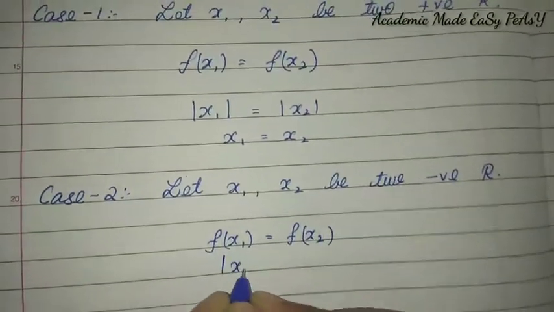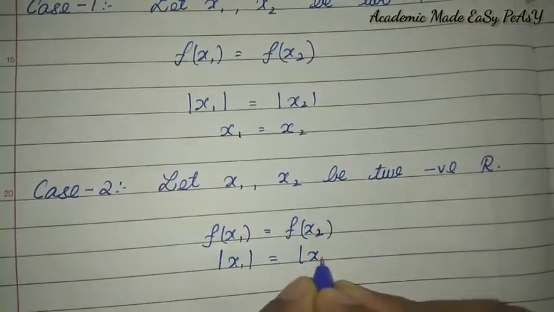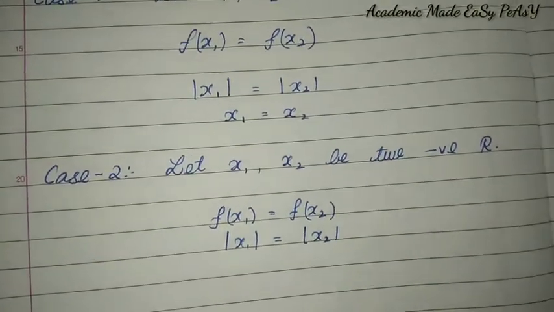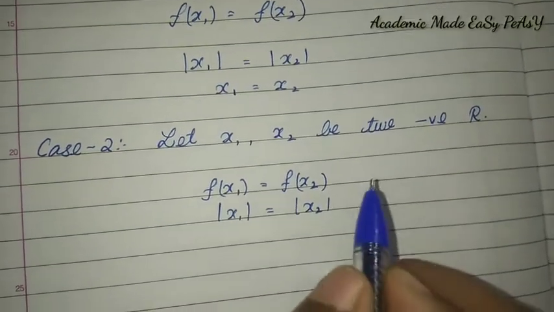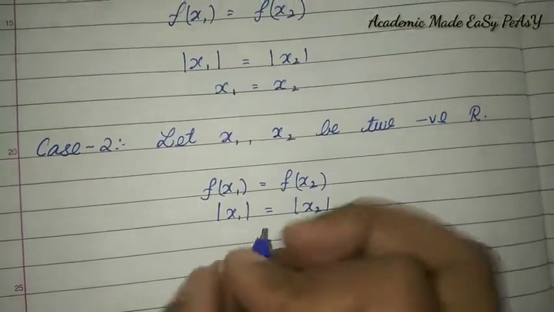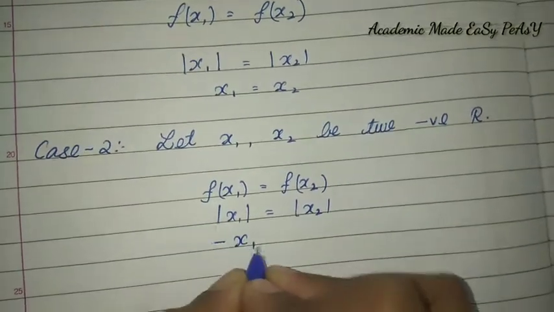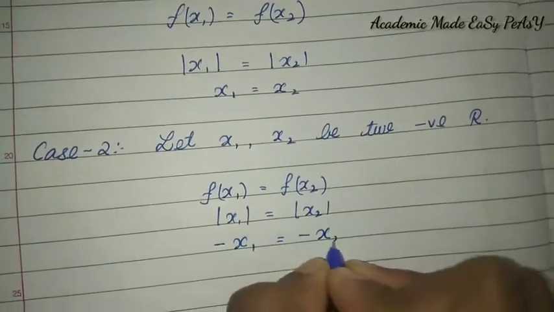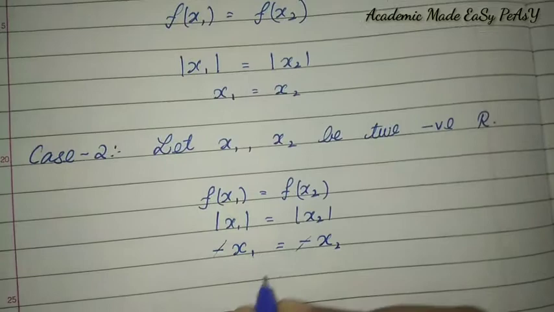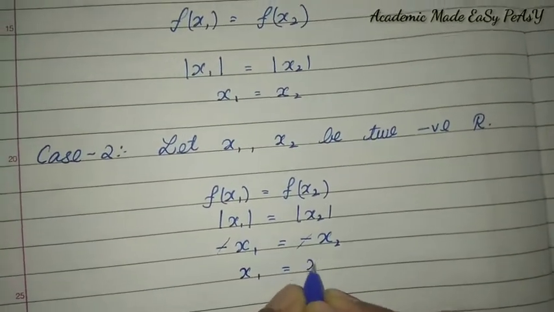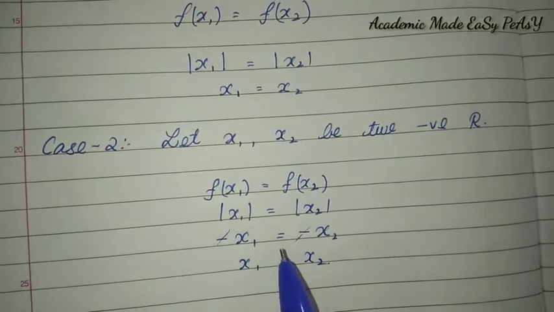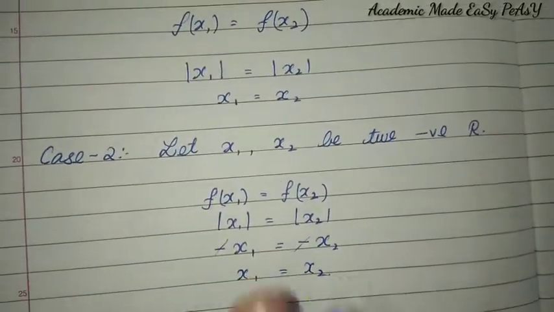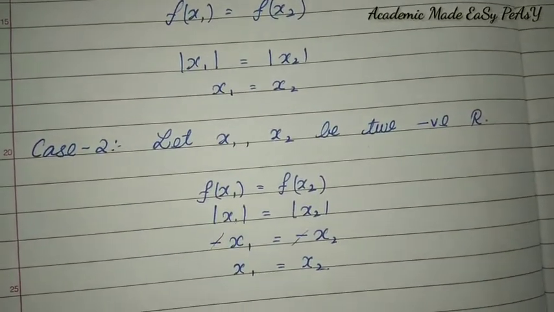So mod of x1 is equal to mod of x2. In the question, it is clearly given that mod of x is minus x if x is negative. So minus x1 is equal to minus x2. When we cancel these two, we will get x1 is equal to x2. These two conditions are also satisfied. If both are negative, the condition is satisfied.